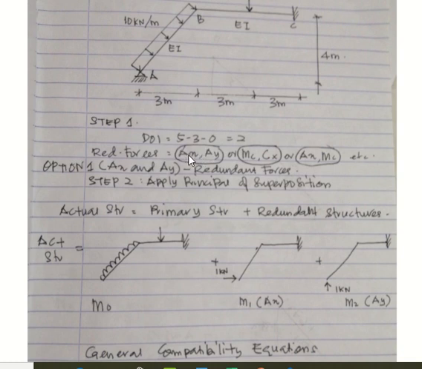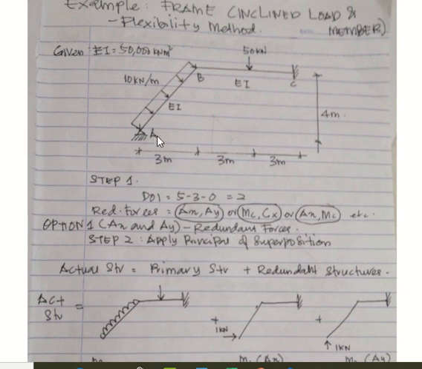Option number 1, you can choose reaction AX and AY as your redundant, or option number 2, you can choose CX and MC as your redundant, or the third choice, you have AX and MC as your redundant.